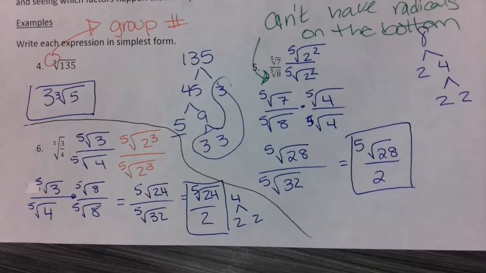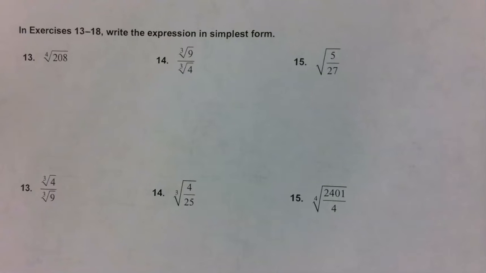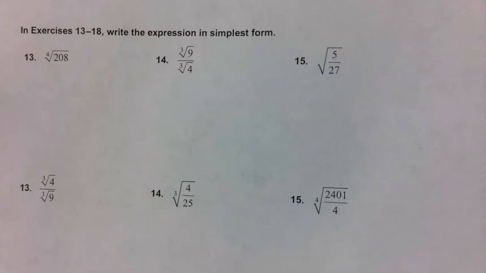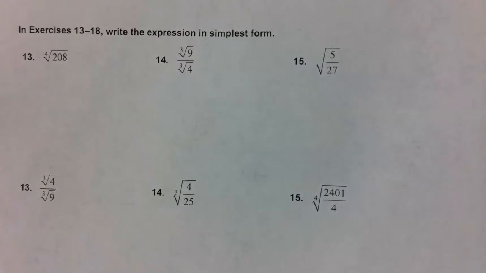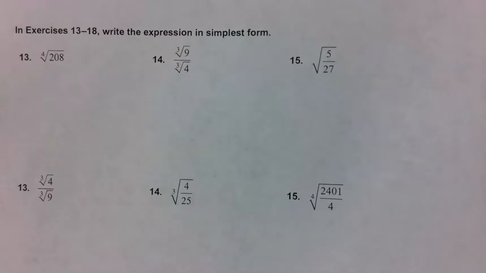Number 15? You don't need me to do 13 with you. There's 2 15s. There's 2 13s and 2 14s too. Turns out I don't know how to count. I even wrote it right. I'm like 13 through 18.